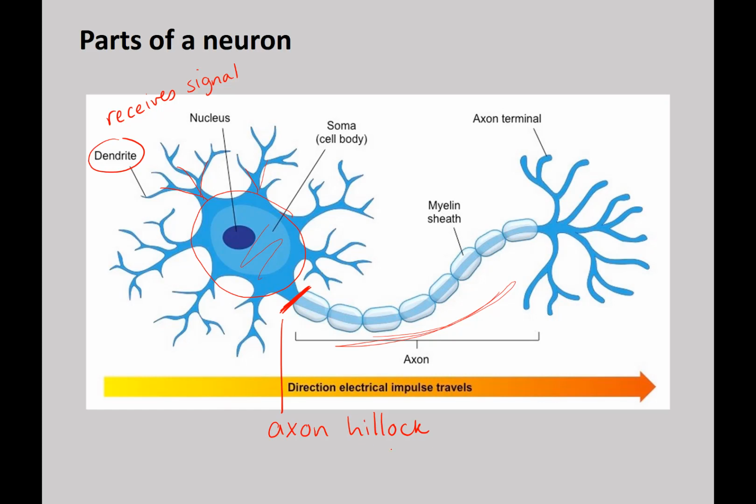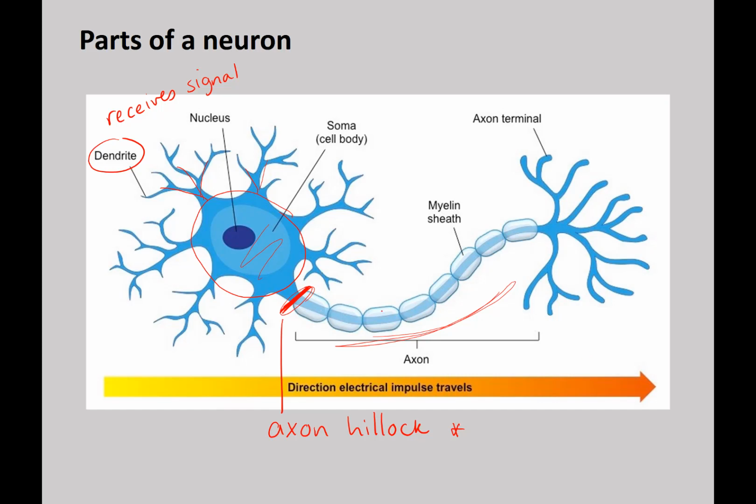We'll talk about this more later. This is really important in initiating and propagating the action potential. There's a whole bunch of sodium voltage-gated ion channels at the axon hillock so that we can get an action potential moving.